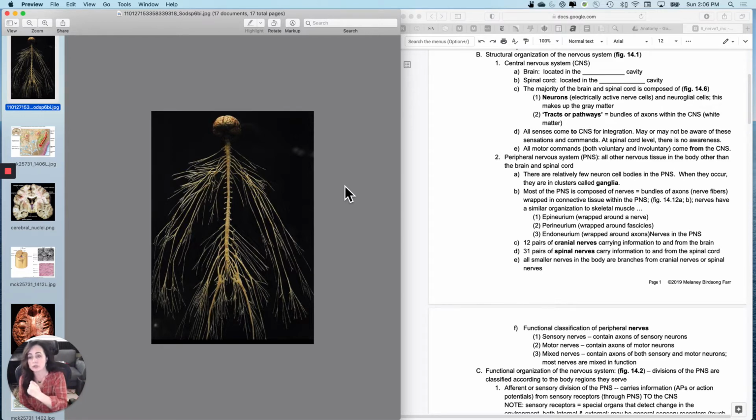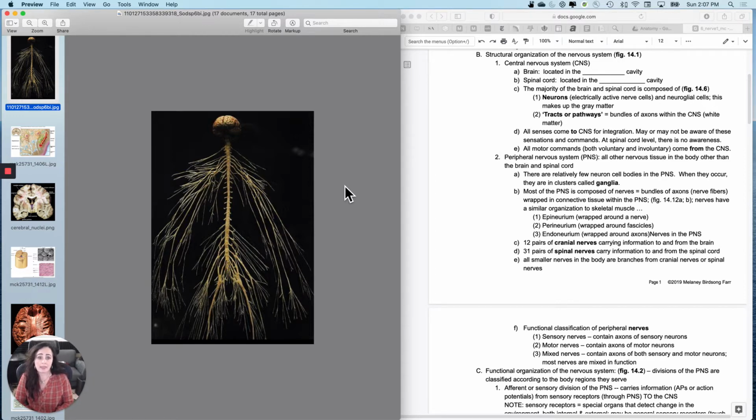If it goes into your spinal cord and doesn't go to your cerebral cortex, you're never aware of it. If it goes to your medulla oblongata, you're never aware of it. So the most superficial 4 or 6 millimeters of your brain are really the only conscious portions of you that exist. So at the spinal cord level, there's definitely no awareness of what's going on.